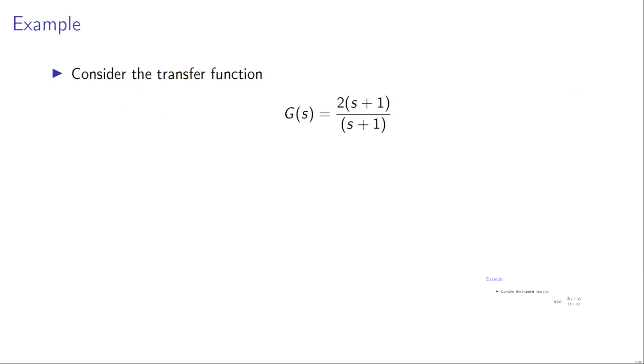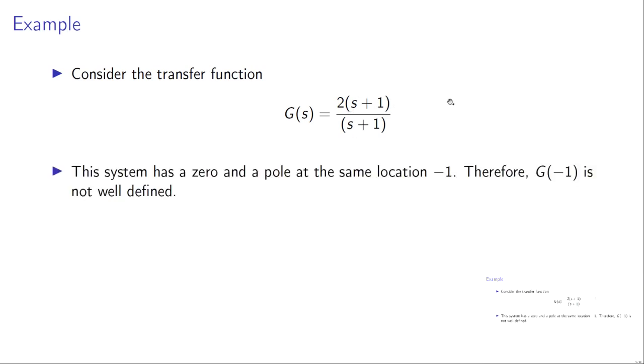For instance, here, consider the transfer function with s plus 1 in the numerator and s plus 1 in the denominator. So we have a zero at minus 1, and also a pole at minus 1. So this is a non-minimal system. And to find a minimal system, we need to cancel all the common poles and zeros.